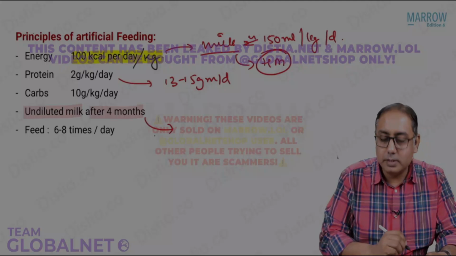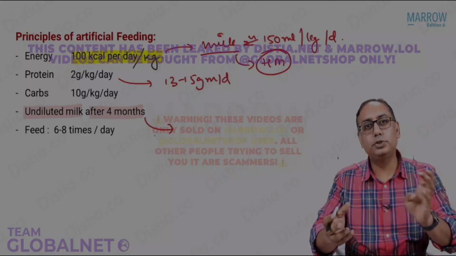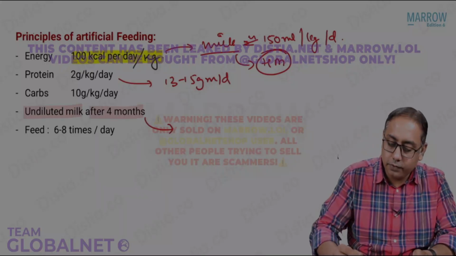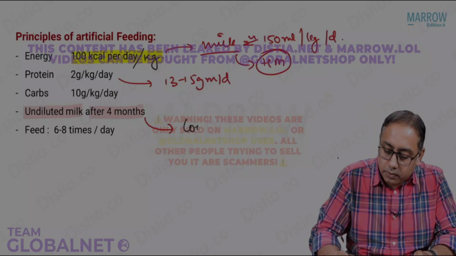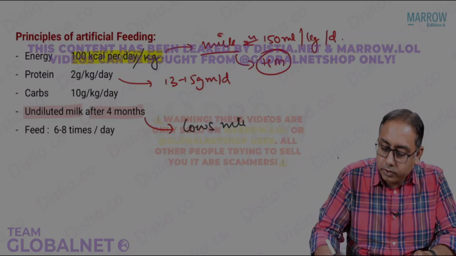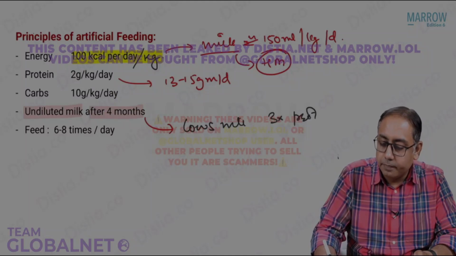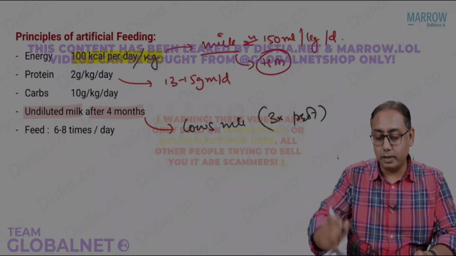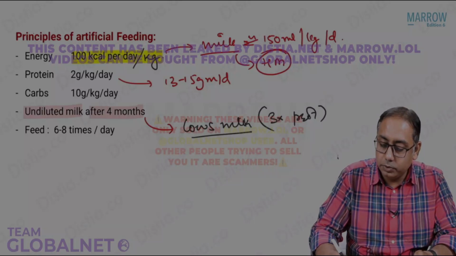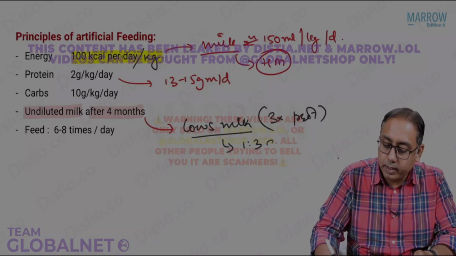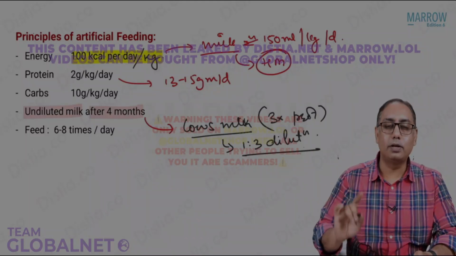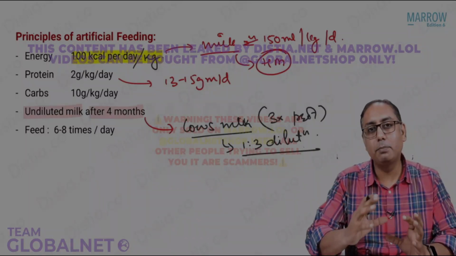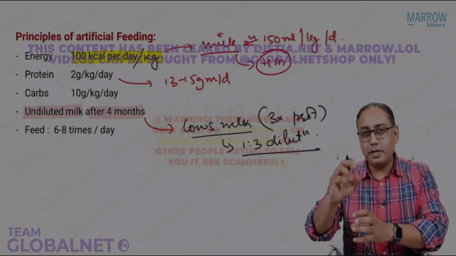So what do you think is the best milk with which you should dilute? If you are giving a baby cow's milk, please note, cow's milk has 3 times more protein. So cow's milk is usually given as 1:3 dilution: 1 part cow's milk and 3 parts water, because the main problem is that the baby's kidney is very small.